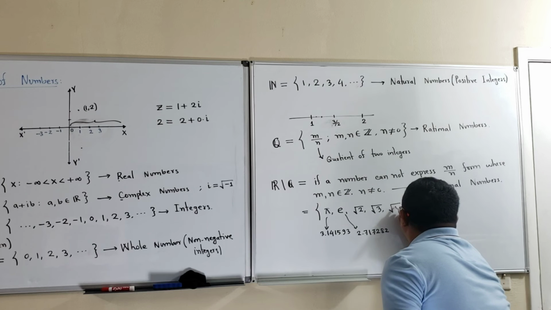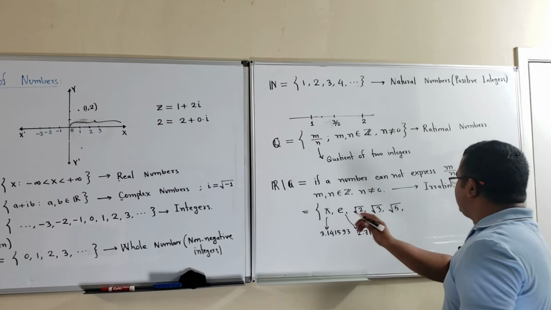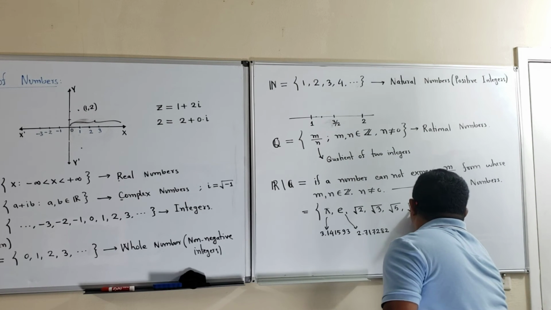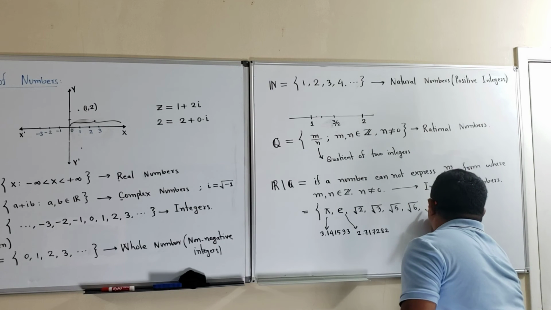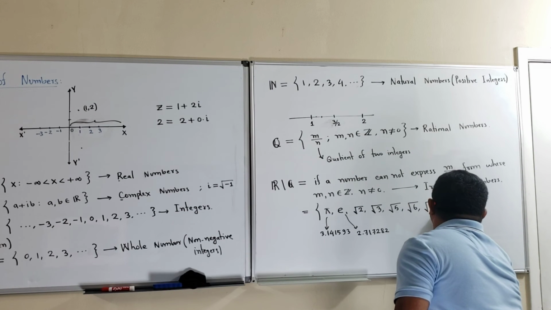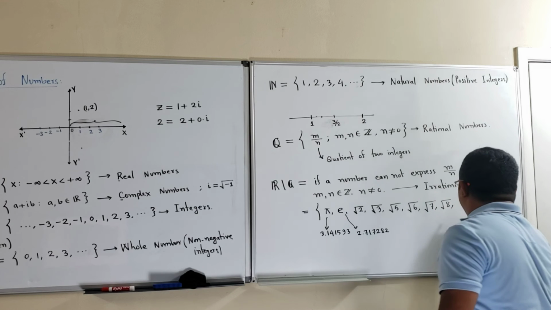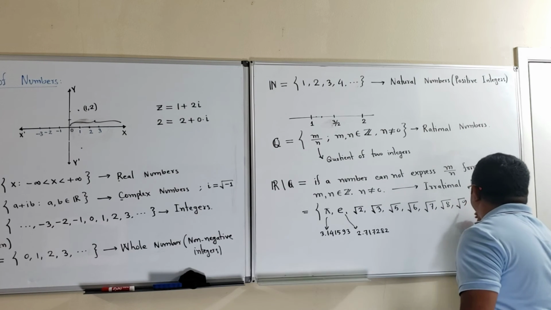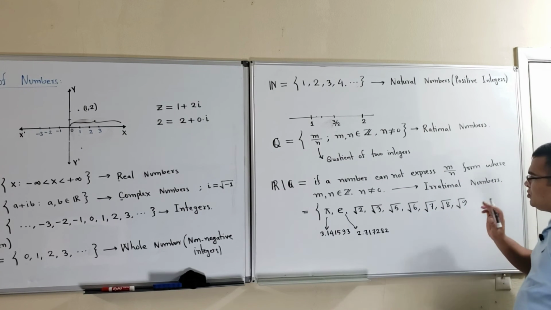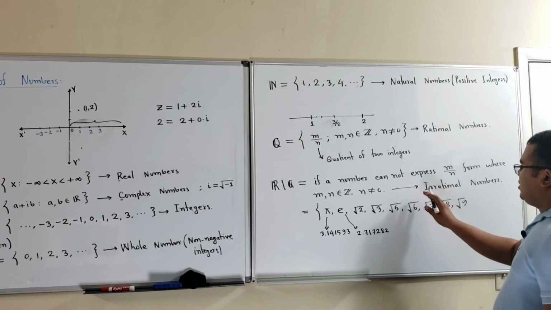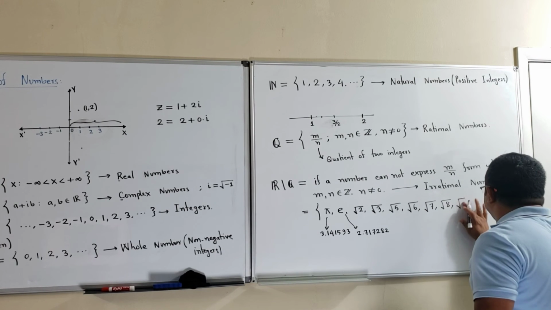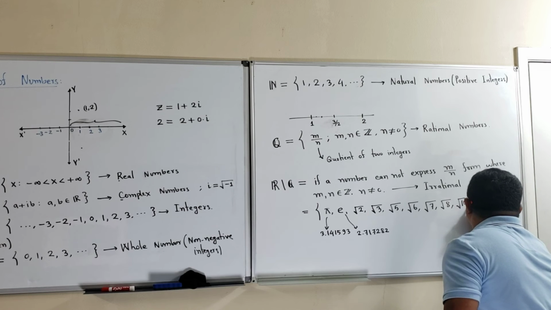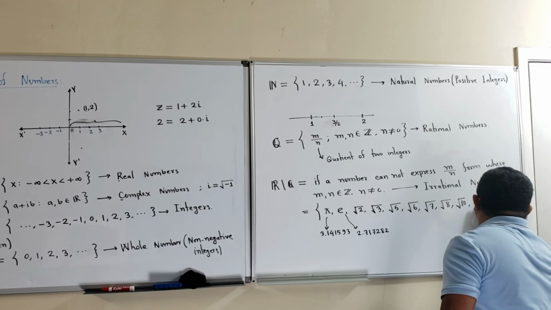So next number is 5. Square root of 5 is irrational, square root of 6 is irrational, square root of 7, square root of 8. If we take square root of 9, then we will get an integer. So square root of 9 is not irrational, but square root of 10 is irrational. So it will keep going.